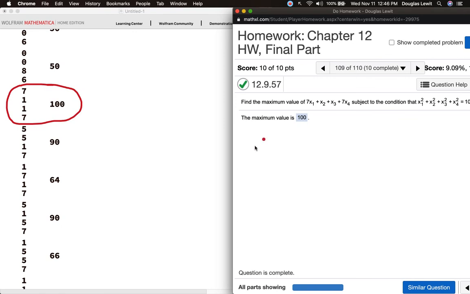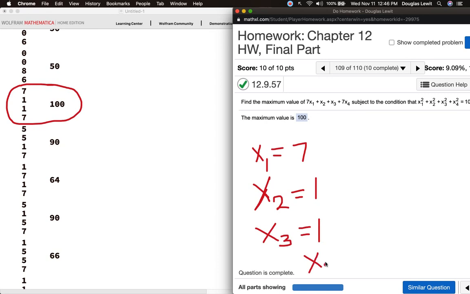You get the value when x1 is equal to 7, oops, x2 is equal to 1, x3 is equal to 1, and x4 is equal to 7.